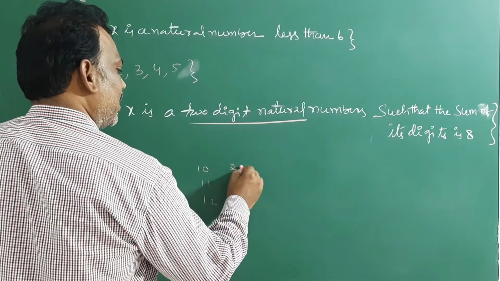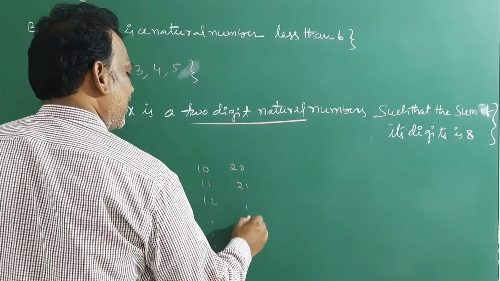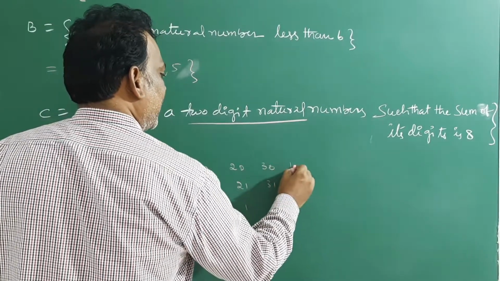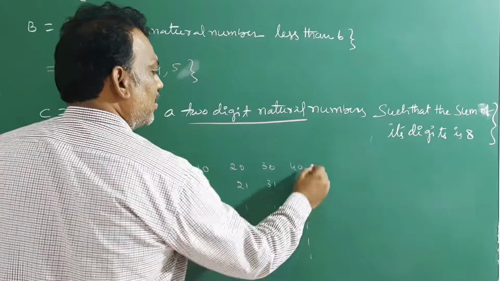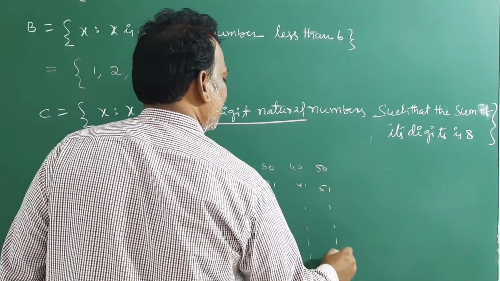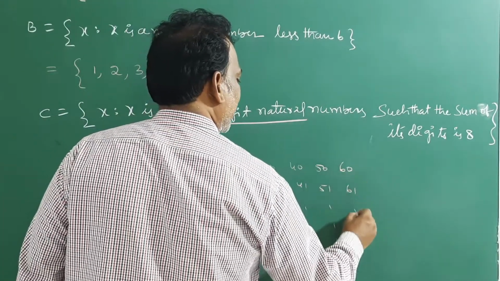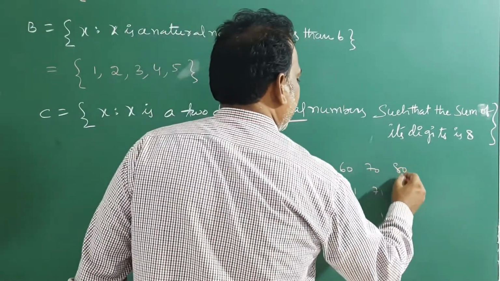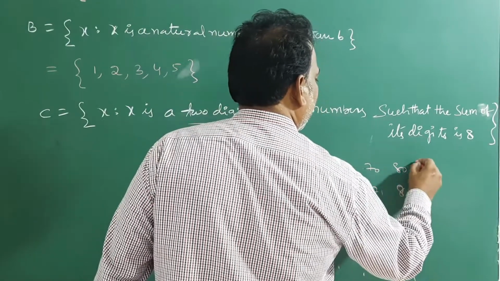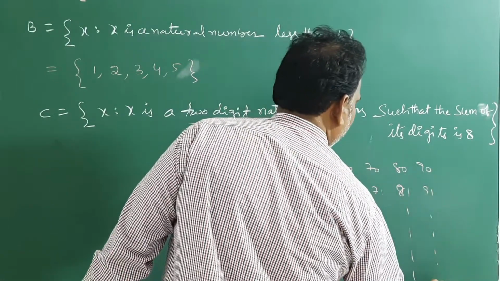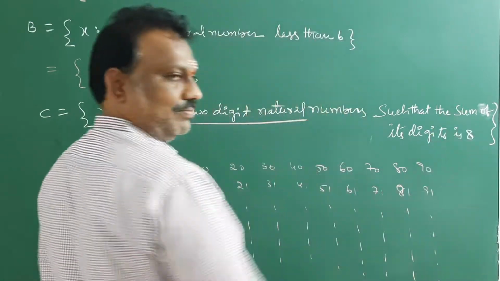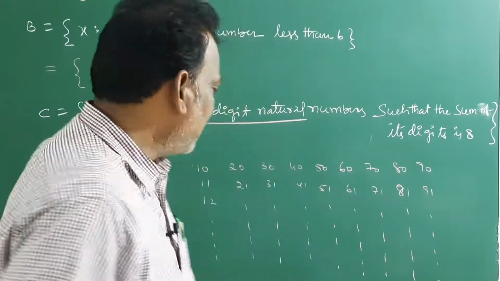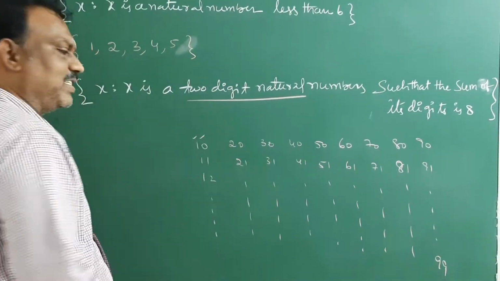Next 20, 21, it goes on. 30, 31, it goes on. 40, 41, it goes on. 50, 51, it goes on. 60, 61, it goes on. 70, 71, it goes on. 80, 81, it goes on. 90, 91, it goes on till 99. 100 is not a 2-digit number, it is a 3-digit number. Digits means nothing but 1, 0 are the digits.